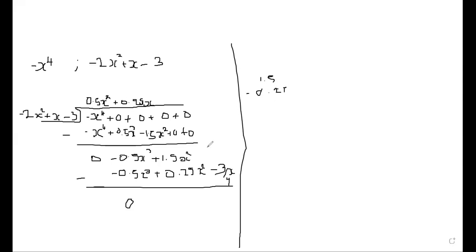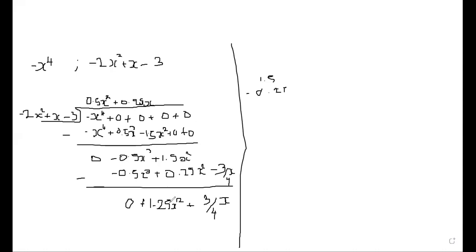That is going to give us 1.25x squared. 0 minus negative 3 over 4x is going to be positive 3 over 4x. Sorry, I'm mixing fractions and decimals, but that's not a big deal.